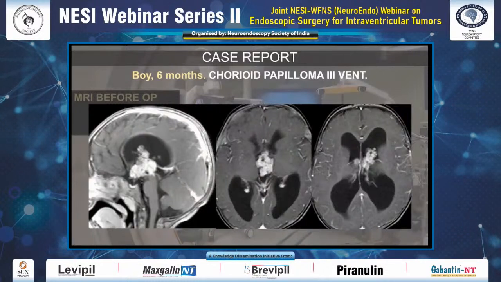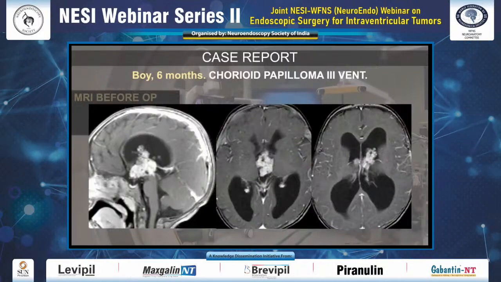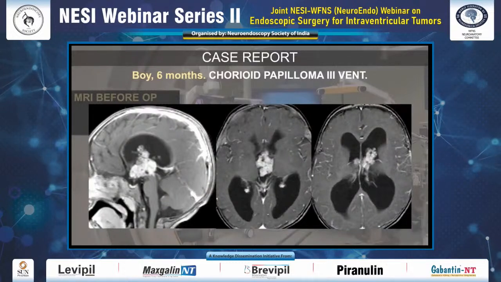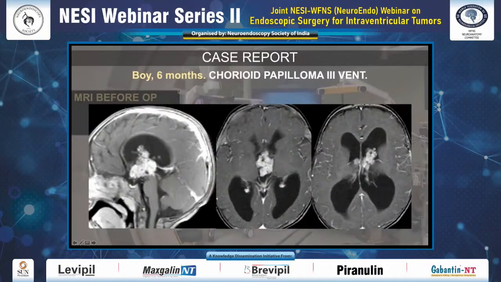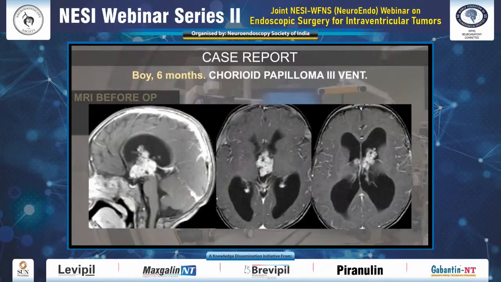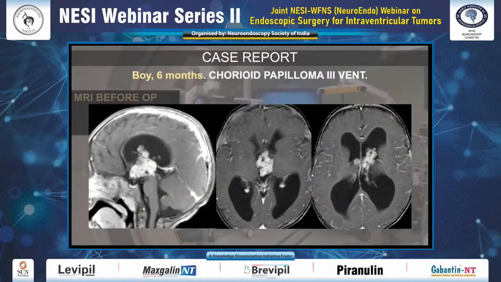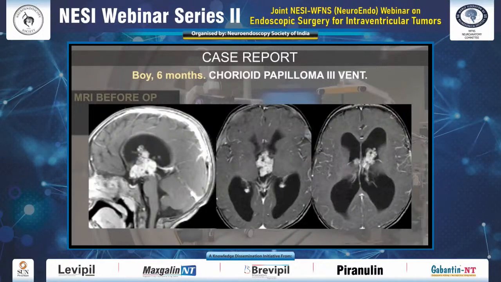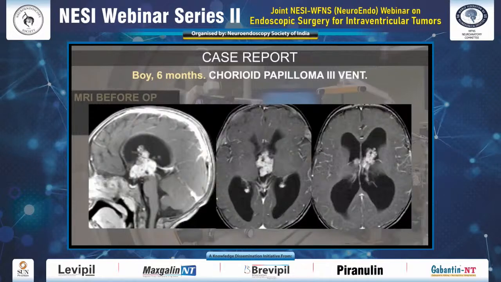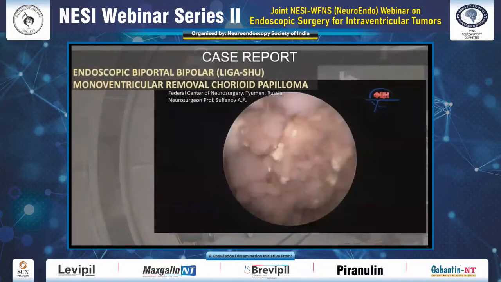But when I decided about operation in this case, if I create a big craniotomy, even a big craniotomy in this small baby is a big problem. So I decided to operate on this patient by minimally invasive surgery, by biventricular biportal approach, pure endoscopic.